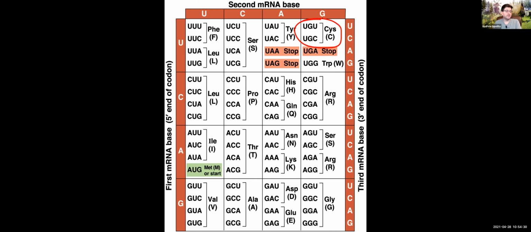See how cysteine's only got 2 codons. Where arginine has 6, serine has 6, histidine's got 2, glutamine's got 2. So there's a reason for all this. You'll actually dig into that when you get to molecular biology someday.